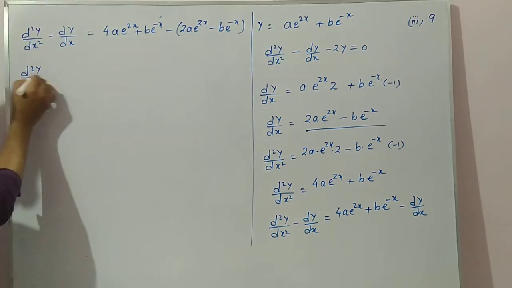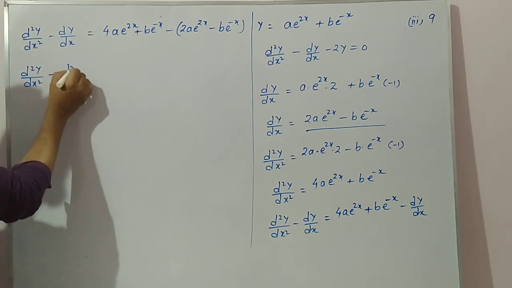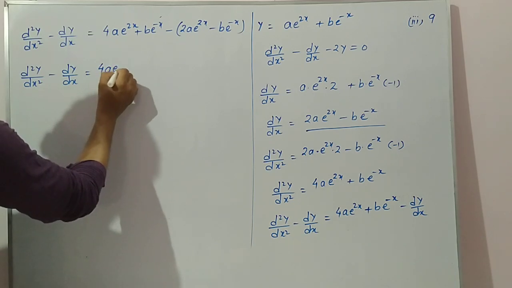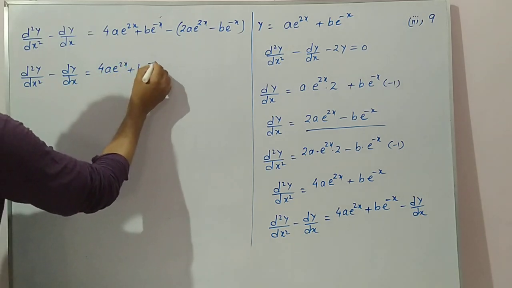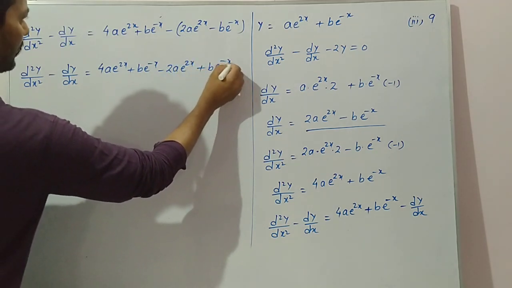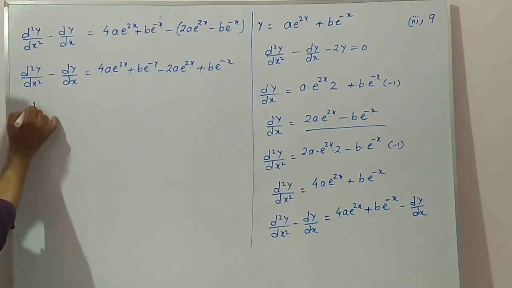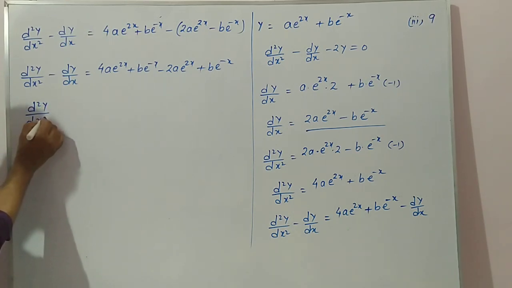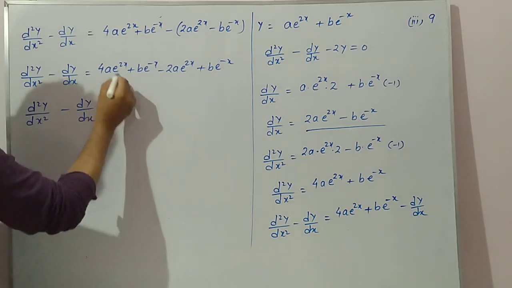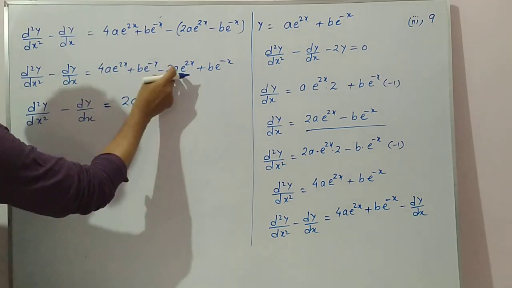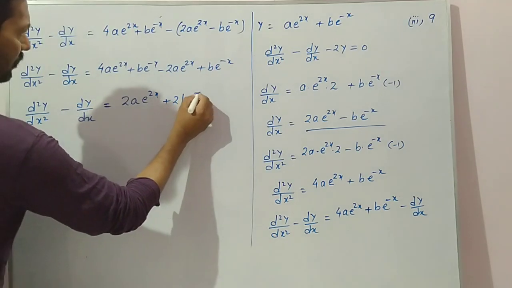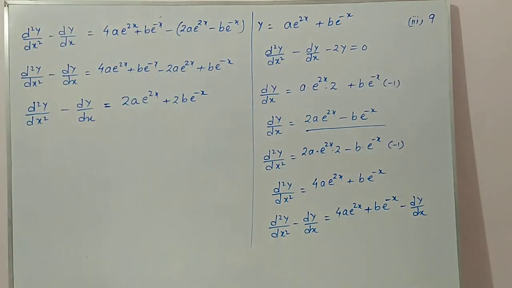So d2y by dx square minus dy by dx equal to 4a e to the power 2x plus b e to the power minus x minus 2a e to the power 2x plus b e to the power minus x. You are getting 4a minus 2a, 2a e to the power 2x plus 2b e to the power minus x.